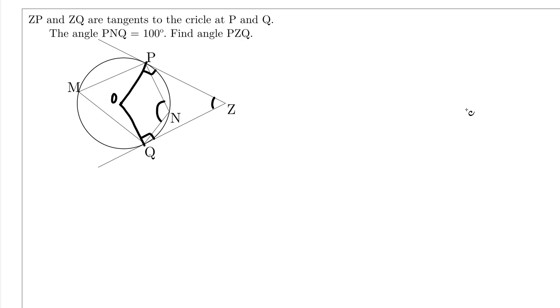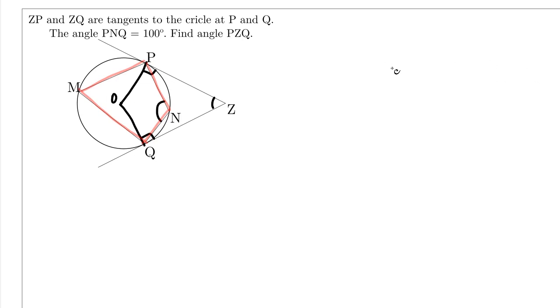Well, what we see is that the shape PNQM, well, that was a really bad straight line. This is a cyclic quadrilateral, so opposite angles add up to 180.